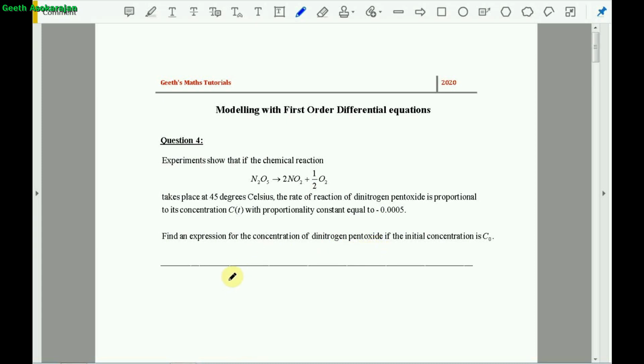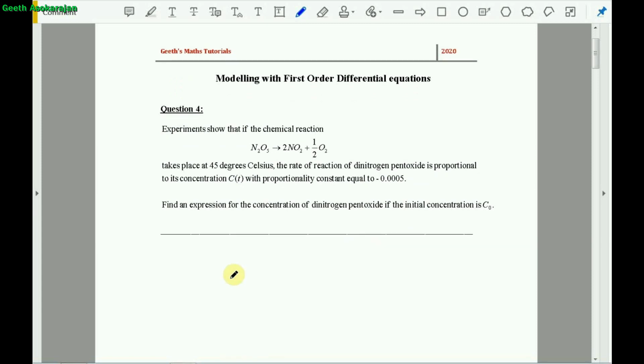So let's have a look at this question. First of all, let C, capital C, be the concentration of dinitrogen pentaoxide.